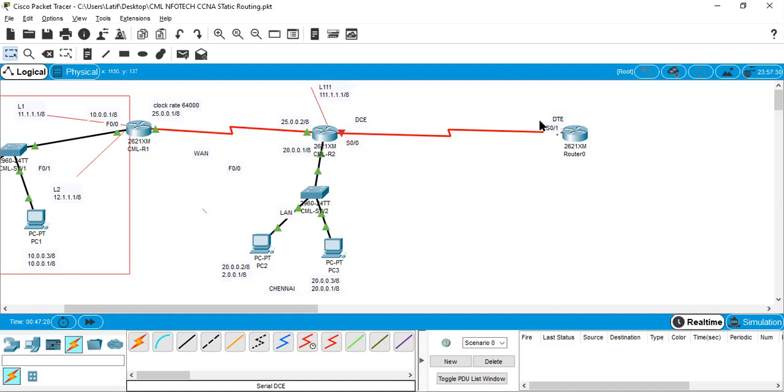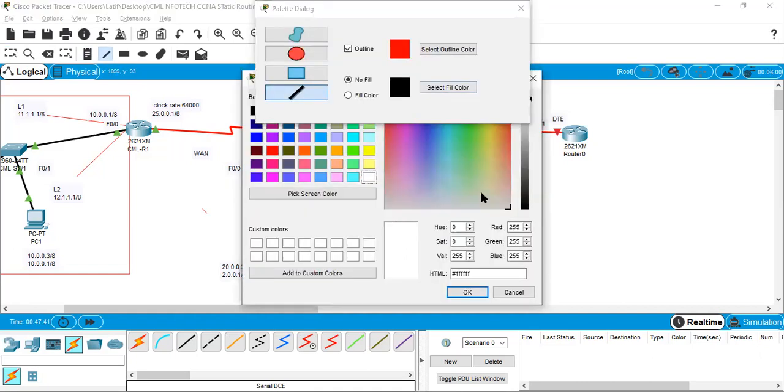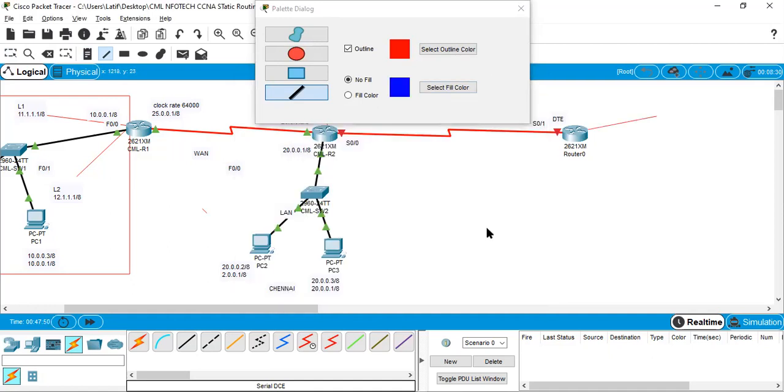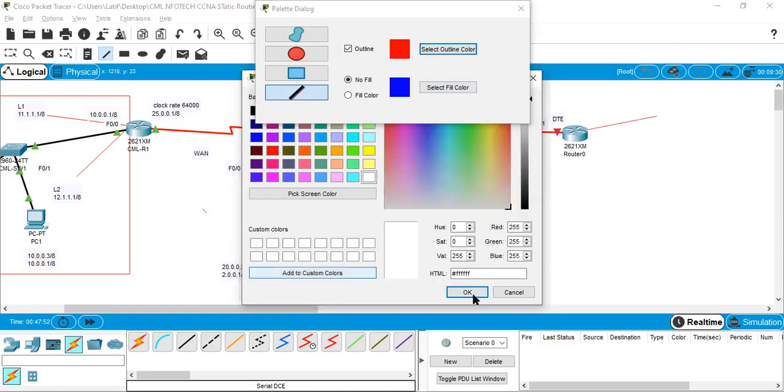And here, we will put the loopback interface. So let's say, I'm going to add select outline, okay, 1.